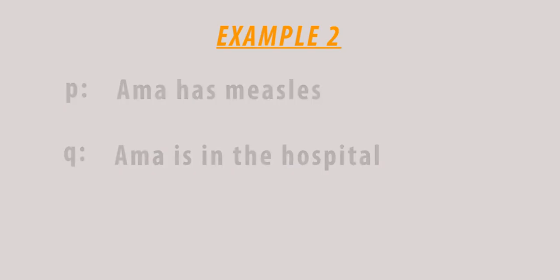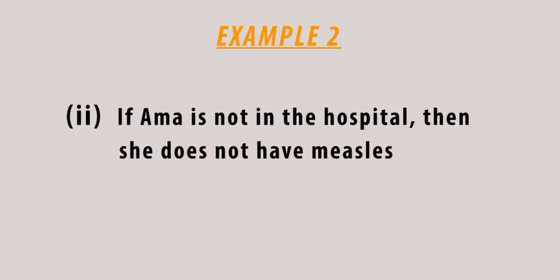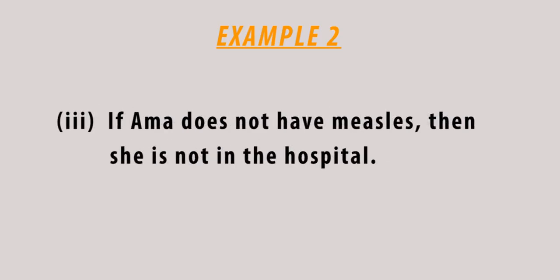I. If Amma is in the hospital, then she has measles. II. If Amma is not in the hospital, then she does not have measles. III. If Amma does not have measles, then she is not in the hospital. Let's look at the solution.